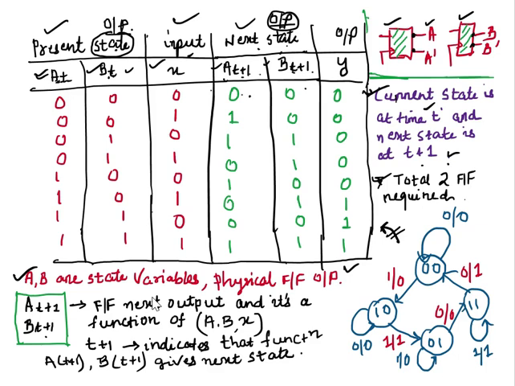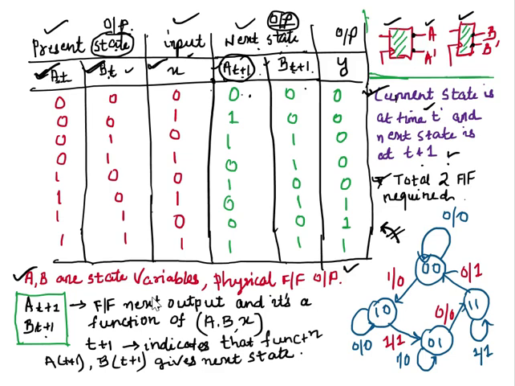That means the next state, this is a Mealy machine, right? This Mealy machine depends on the present state and the inputs. So the next state is a function of the present state A, B and the input X. It is what is written here.